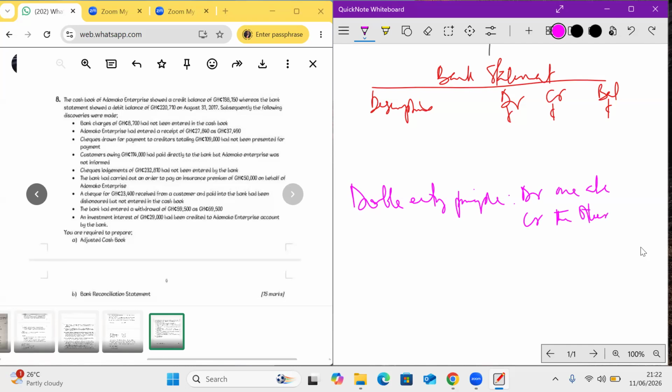Let me put it simply: for every debit, there must be a corresponding credit. So mostly in accounting we deal with two or more accounts for the purpose of the double entry. When I debit one account, I'll go and credit the other account. When I credit one account, I'll debit the other account. So always there's debit and credit, like left and right.